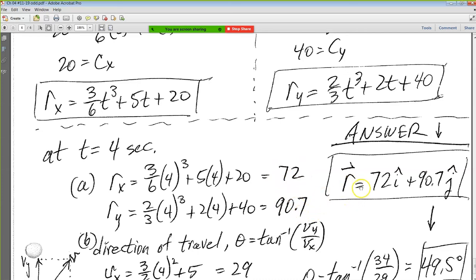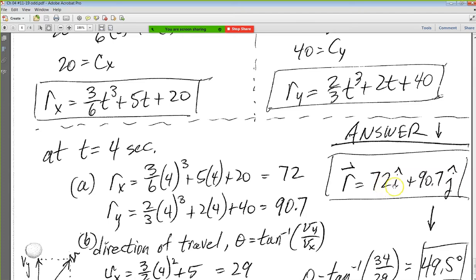So when I put that in unit vector notation, here it is, r equals 72i plus 90.7j. Recall that i and j are just directions only. That's why they're called unit vectors, because they have a magnitude of 1, and they show the x direction for the i and the y direction for the j, and then the coefficient is the magnitude.